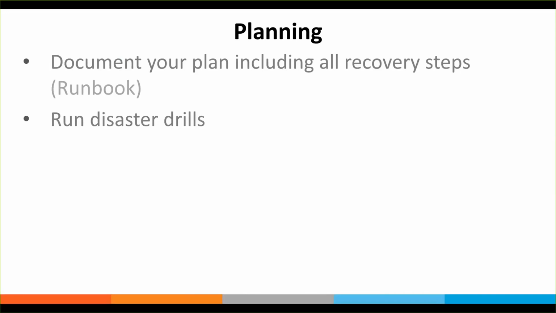Do you really want to have to take the 5 hours to read through it and figure out who you need to call, who needs to be involved, what's going on, before you can start actually getting started? No. Run the disaster drills with the team that's involved. Do it regularly, at least once a year, preferably every 6 months, if not every quarter.